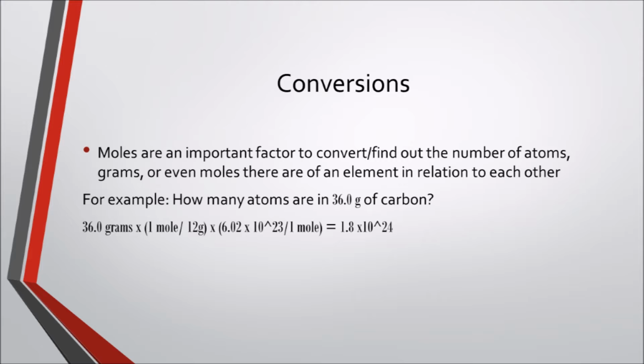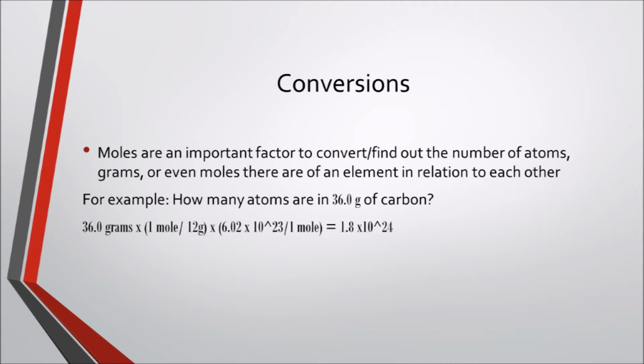Moles are an important factor to convert and find out the number of atoms, grams, or even moles there are of an element in relation to each other. So for example, if we were to find out how many atoms there are in 36.0 grams of carbon, we would start off by writing 36.0 grams. Then you would have to multiply that by 1 mole over 12 grams. 12 grams is the atomic mass of carbon.